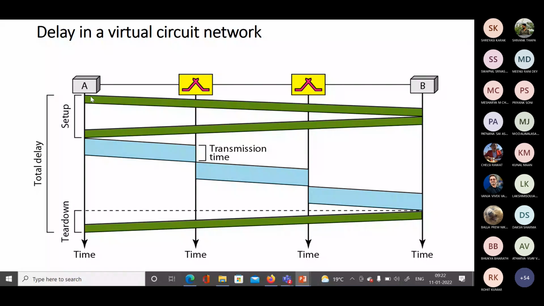You have one full RTT for the setup, as I already mentioned. Then you have the transmission time, and finally once the transmission is done, you have the teardown phase. So this is the entire delay that you have in a virtual circuit.